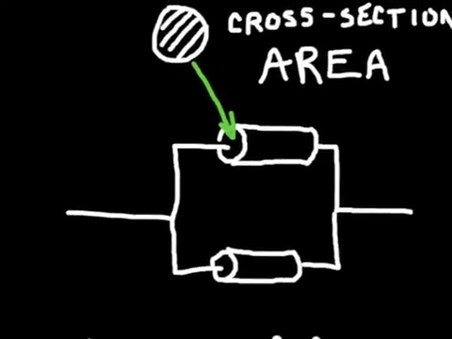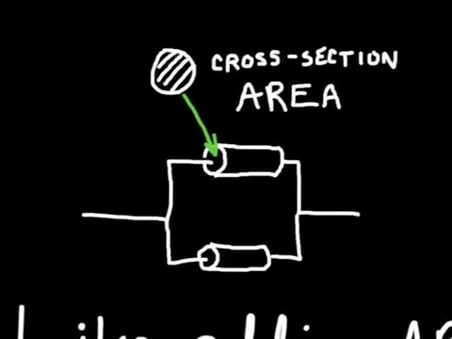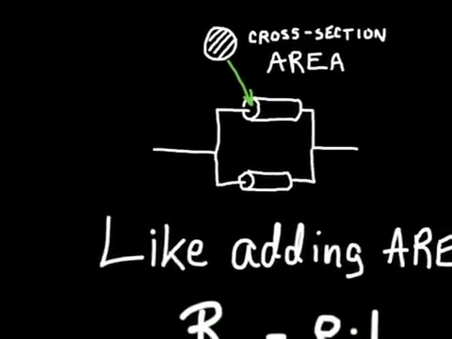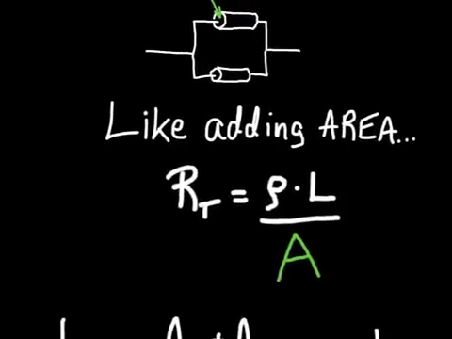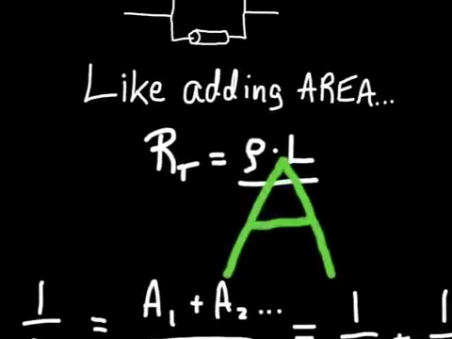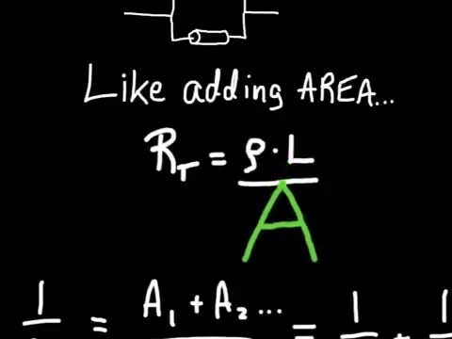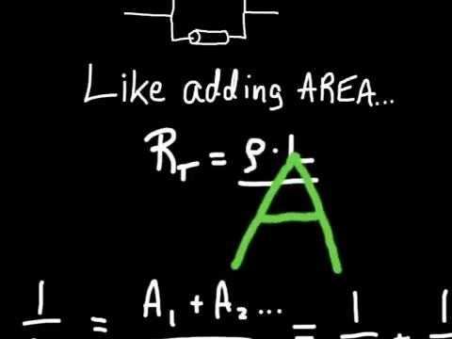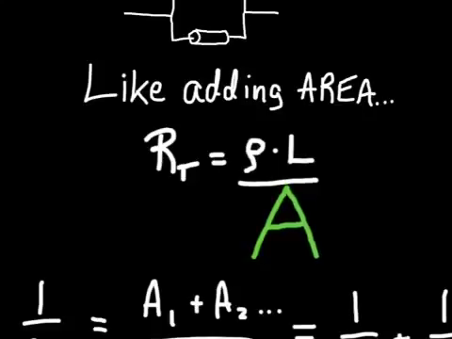If we were to add two resistors that are, instead of one right after another, we add a choice, so it could go through one or the other, that's kind of like increasing the amount of area available for electrons to flow. So in our equation, it's as if A gets bigger. So total resistance would go down if we added resistors in this fashion.